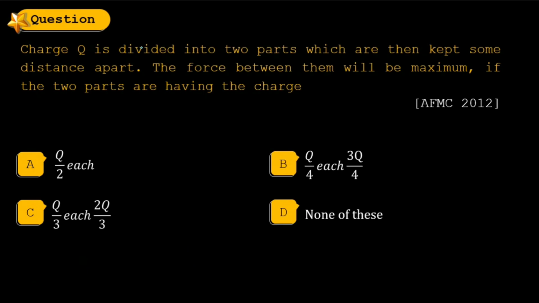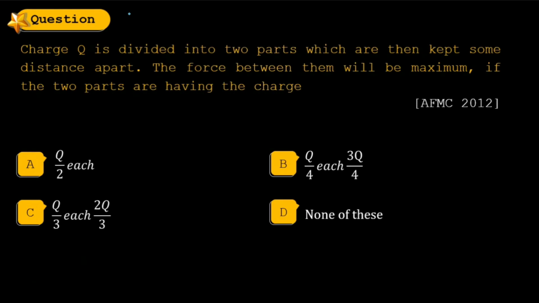Now, this is a simple question. If this charge Q is divided into two parts, in whatever way is possible, in which of the following cases is the force between them going to be maximum?